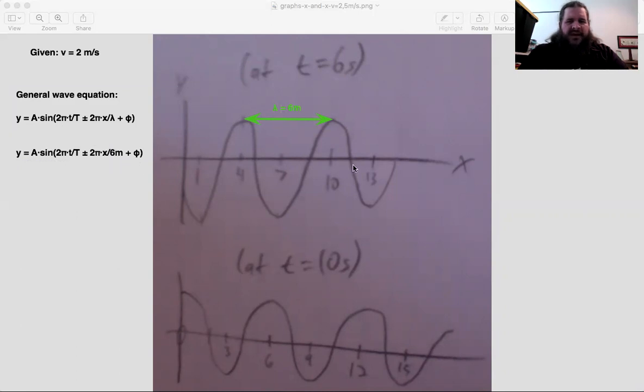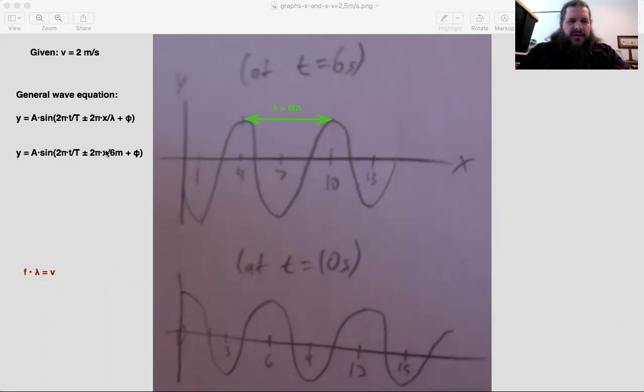And the period we can't directly measure from the graph, but how can we find the period anyway? Frequency times wavelength should equal what? The speed. Don't need the whole thing, just frequency times wavelength equals speed.